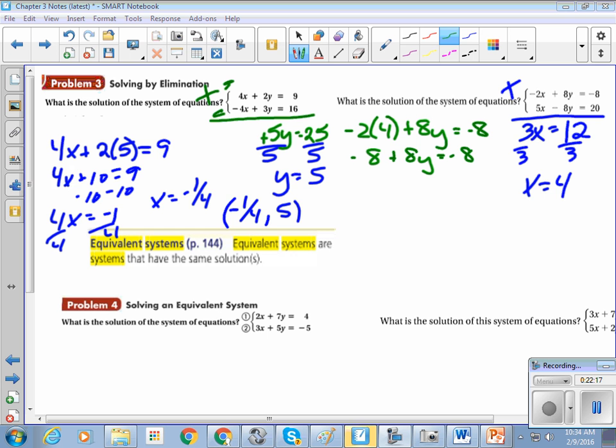I'm going to add 8 to both sides so that I'm isolating my y. 8y is equal to 0. Anything that divides 0 is still going to be 0. So my solution is 4, 0.